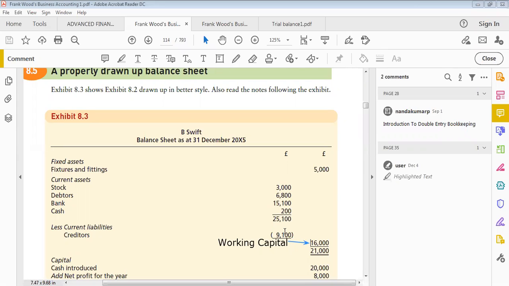To calculate working capital is simply this: current assets minus current liabilities. That gives you working capital. Working capital equals current assets minus current liabilities.